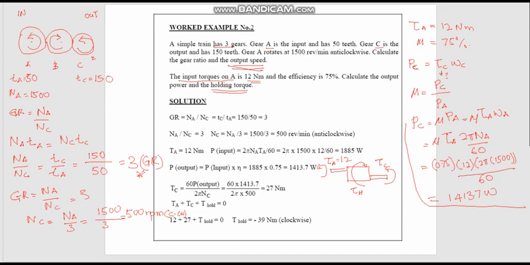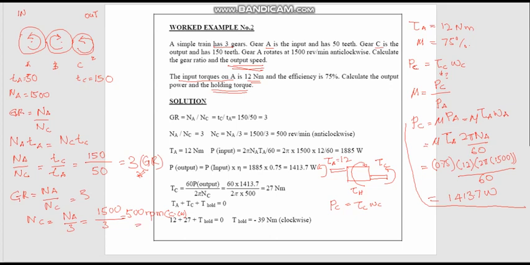So now we have to find TC. So we know that PC, which we calculated just now, the power output, is equal to tau C times omega C. And we can find omega C because we know what NC is, which is 500 RPM.